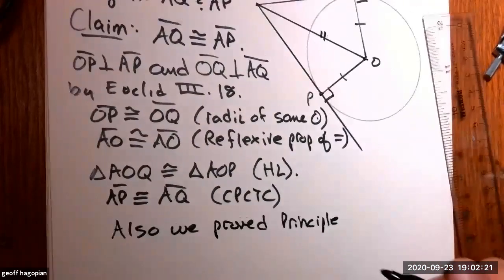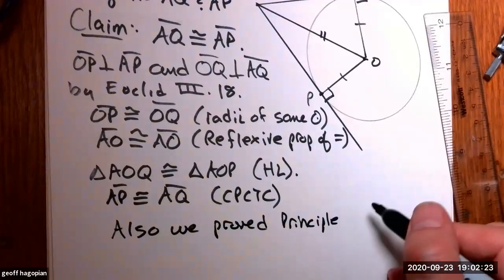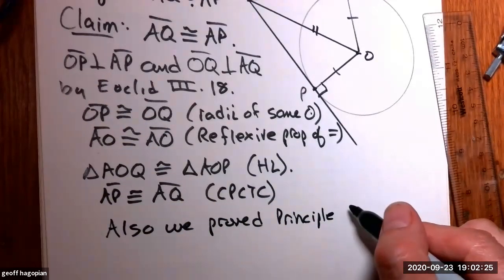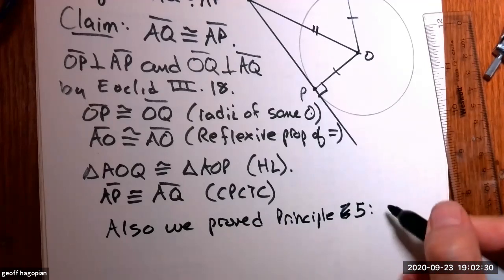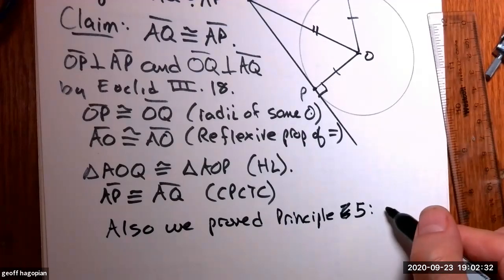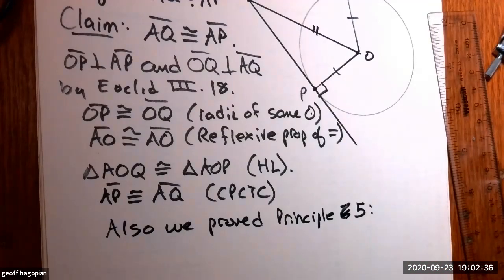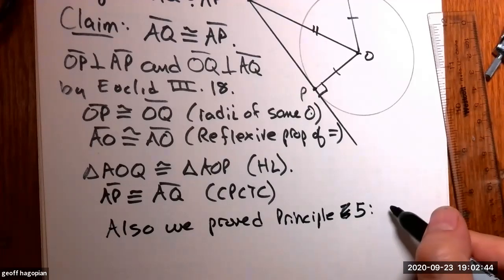I can't believe I did that wrong. Principle 5, I'm sorry, which is that the segment from the center of a circle to an outside point bisects the angle between the tangents from the point to the circle. Okay.